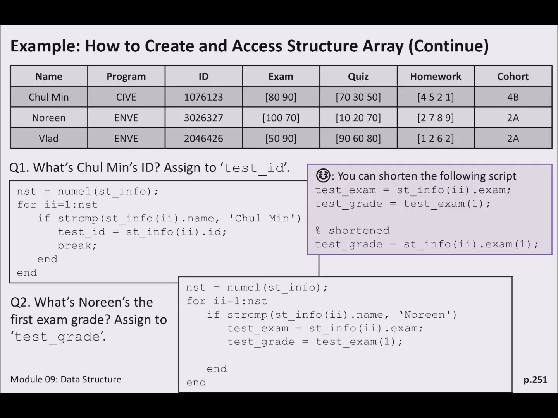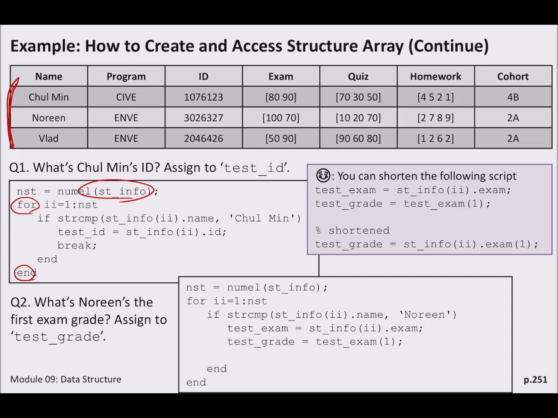Let's see how to process data in the structure variable. We already solved a similar problem before, right? We set the iterator from 1 to the number of students, which is the number of rows, the size of this structure array.